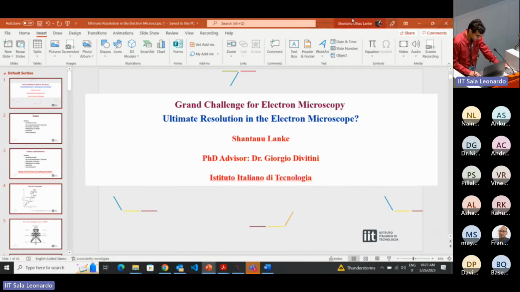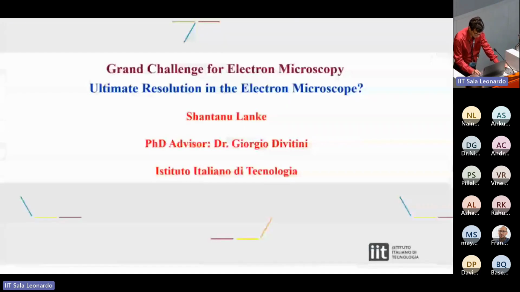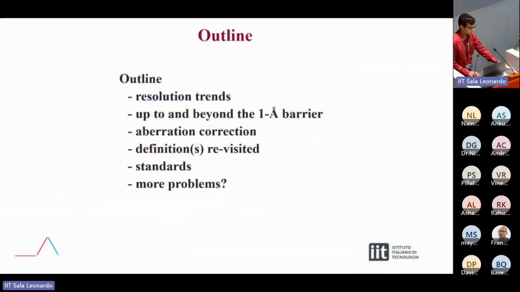So that's going to be the outline of my talk. I'll be covering resolution trends, like how the resolution enhancement occurred. The very first electron microscope, invented by Ernst Ruska, was no better than the optical microscope.